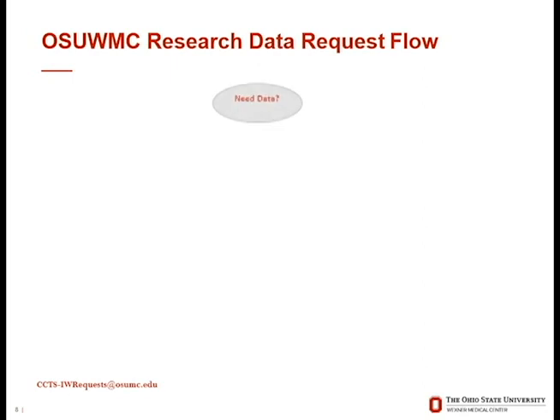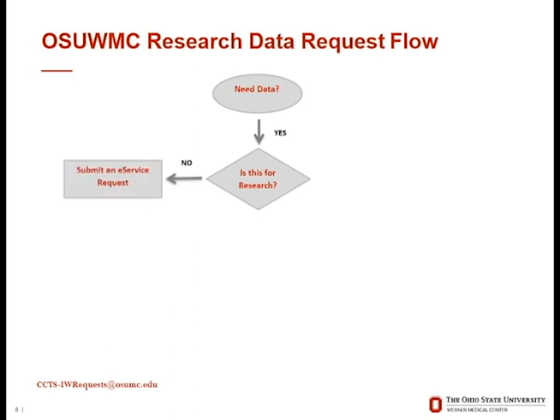So this is how the research data flows. If you need data, you first decide whether it is for research. If you are certain that the data you need is not for research, you need it only for a quality purpose or for an operational purpose, then all you have to do is submit an e-service request, and the appropriate team will work with you to get you the data.